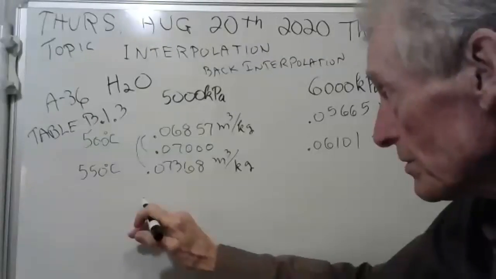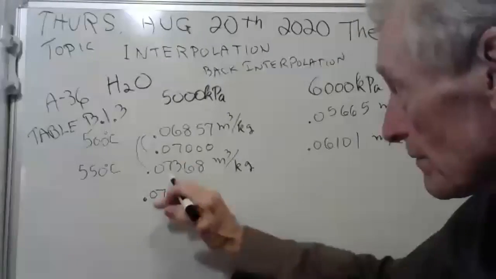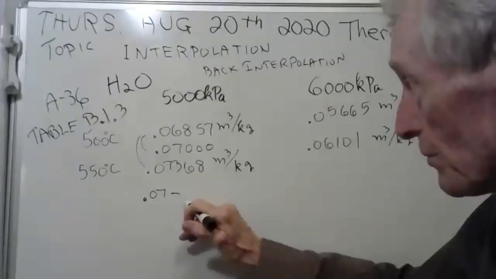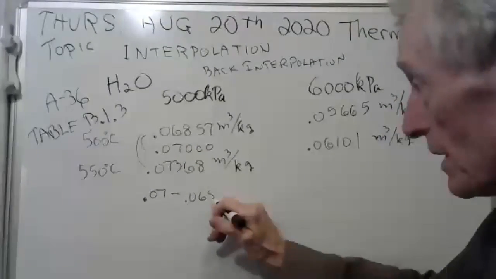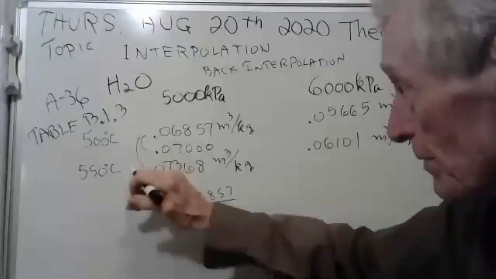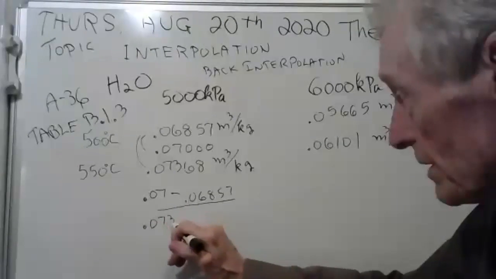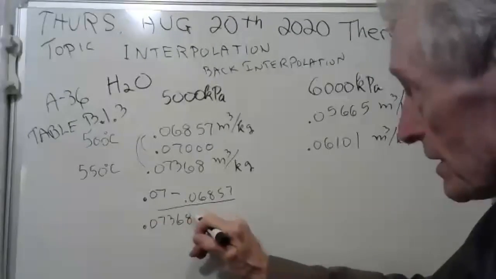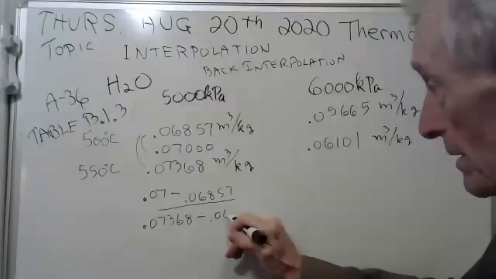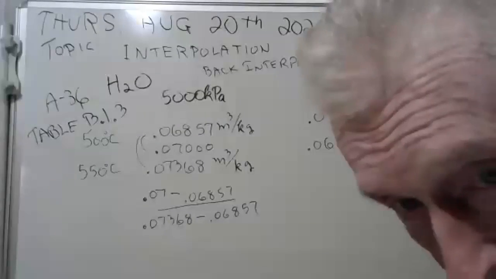So what you got to do is take the 0.07, subtract the 0.06857, and divide by the big difference between the first and the last, 0.7368 minus la, la, la. I think you can see that better now on the screen.